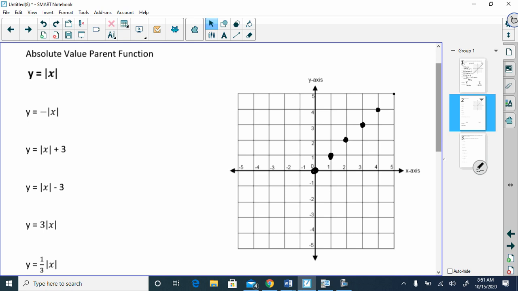So we graph the right and make the left look the same. Okay, so here is my parent function for absolute value.